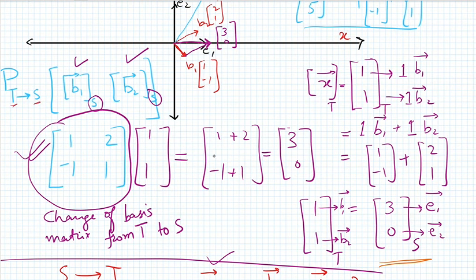By writing this matrix, I mean that I write all the vectors in the basis T in the language of S. So I have to write b1 in the language of S and I have to write b2 in the language of S.